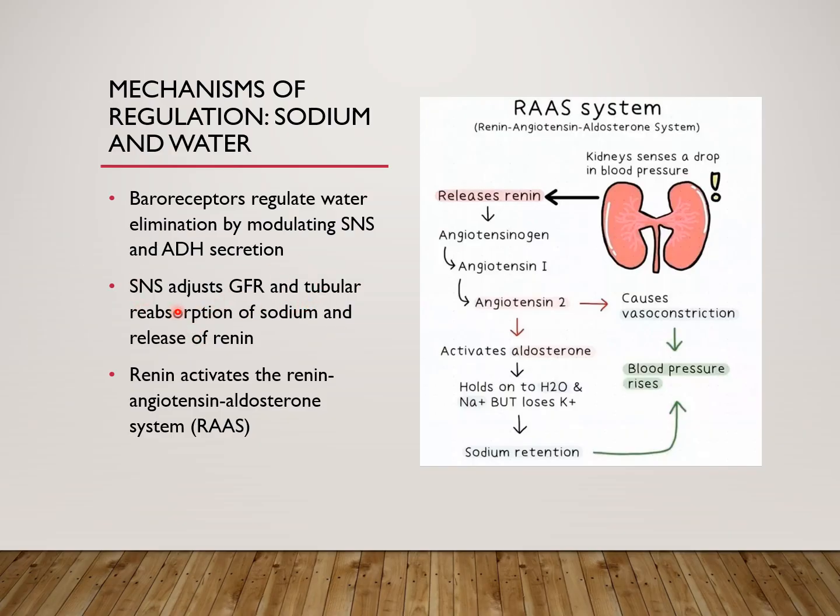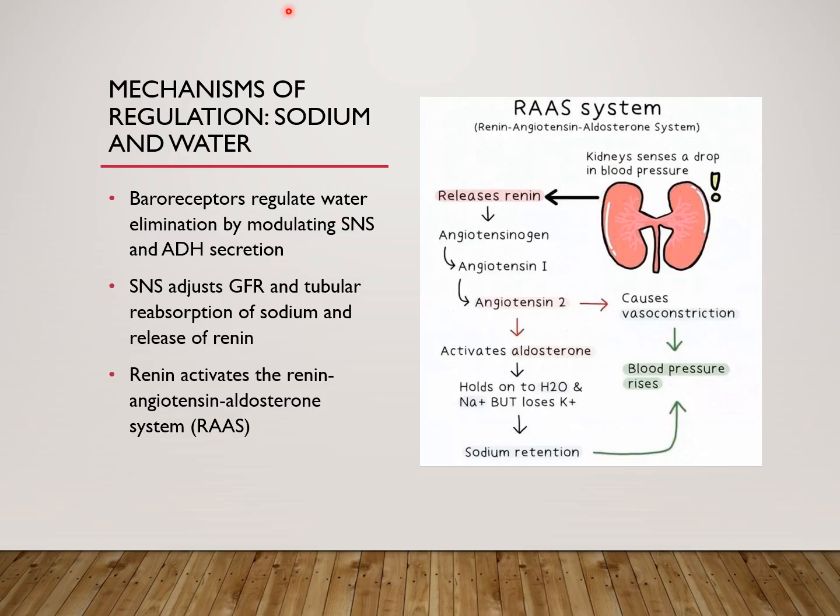But the other major thing the sympathetic nervous system can do is stimulate the release of renin. And renin is an enzyme that is released directly into the bloodstream when the kidneys detect an overall drop in blood pressure. And renin is what activates the renin-angiotensin-aldosterone system that works to create an increase in blood pressure when circulating volume drops.